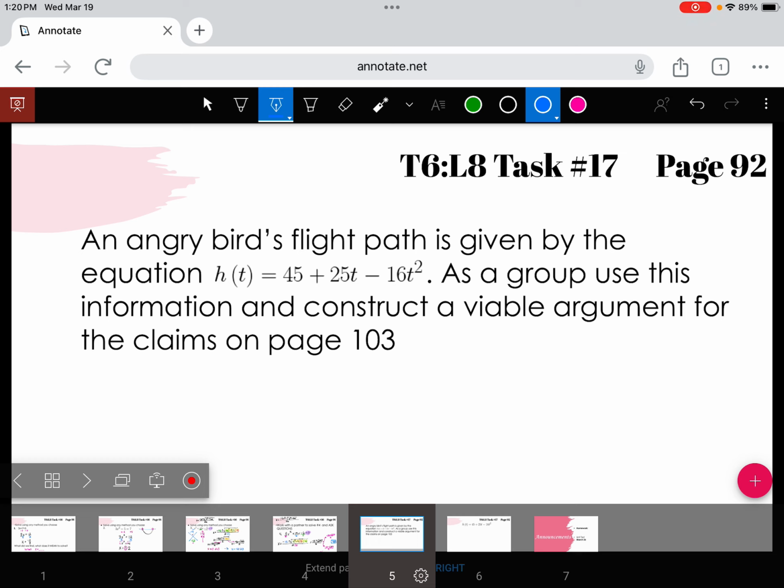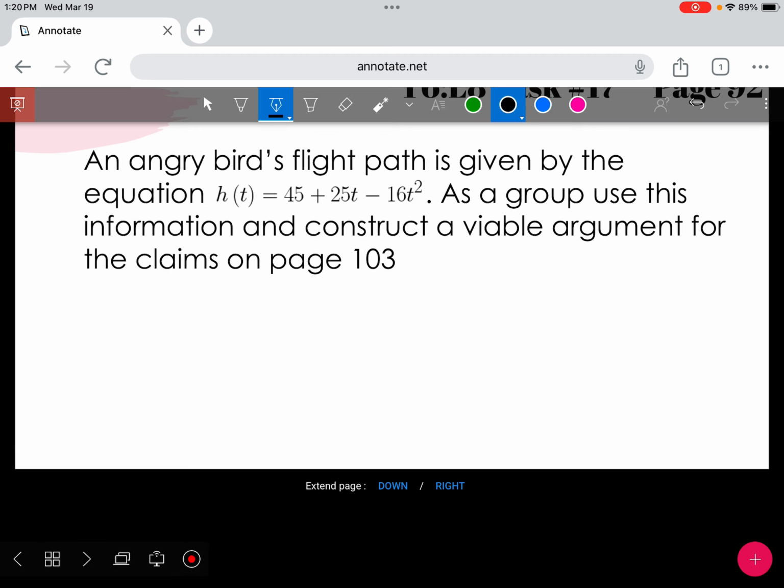So see what we think about this. At least it's not just pure equations on this one, it's Angry Birds. See what we think. Can these pigs get hit? See what we know.